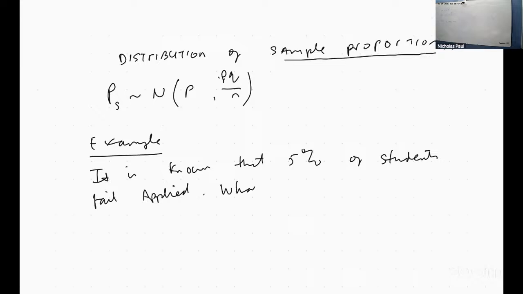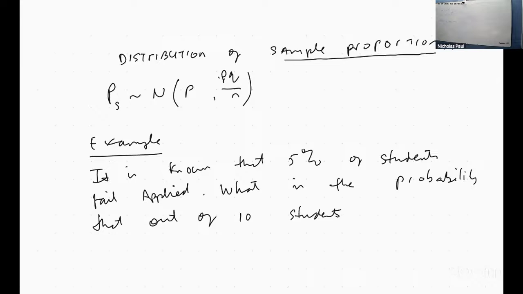What is the probability that, let's keep the number small, let's say out of 10 students, 8% fail? So let's just handle one with proportion.